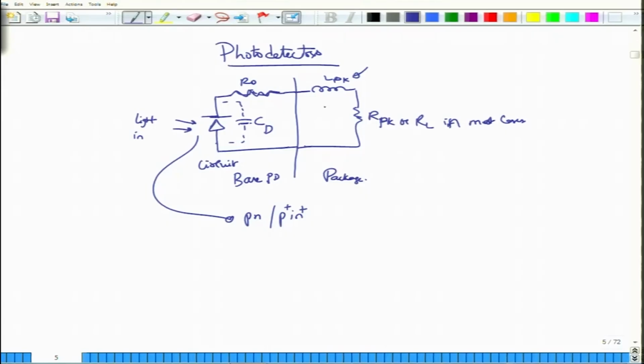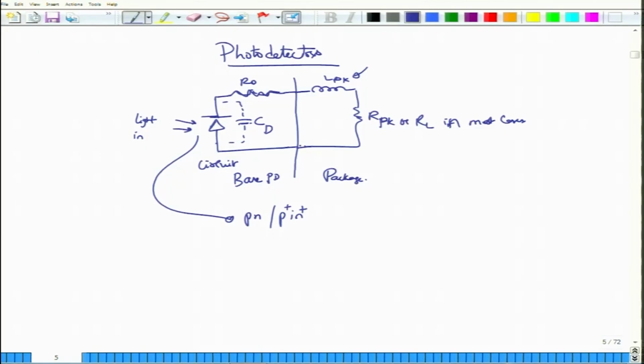So, you can include that parasitic capacitance into CD itself, and there could also be some packaging resistance, or usually this is the load resistance, assuming that the package resistance which comes from the soldering and other things can be neglected. So, this is how you would have a complete circuit representation of a photodetector.